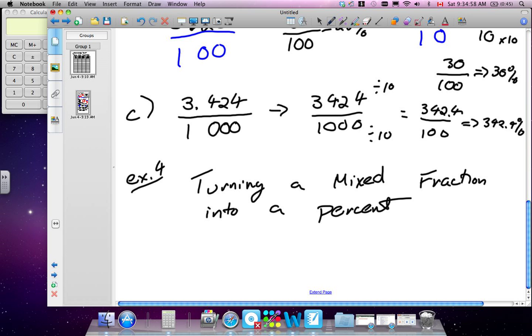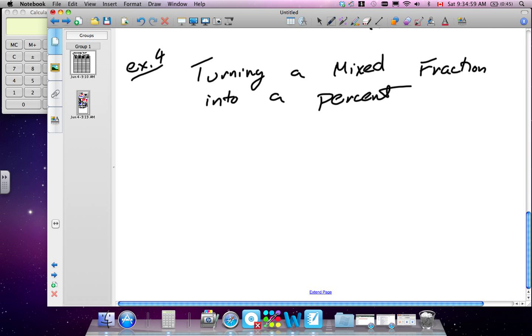Okay, so let's say they have that next number there. They're using 2 and a fifth. Now you know how to turn a mixed fraction into an improper fraction? Now we quickly multiply. 5 times 2 is 10, add 1 is 11. So we have our improper fraction.